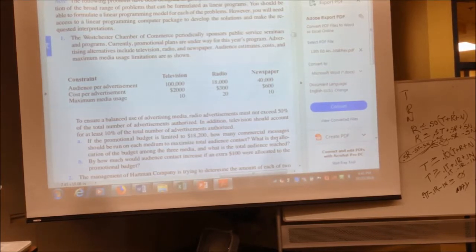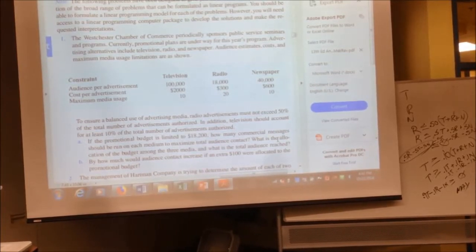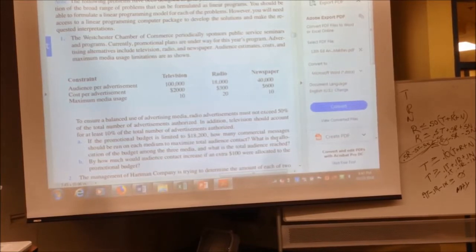But then it says, stay on budget. How much? 18,200, less than or equal, greater than or equal? That's right. Our variables are how many radio, how many newspaper, how many television. We've got to convert it to talk about money, because the right side of this constraint is money. If I use the letter T, that's how many television.